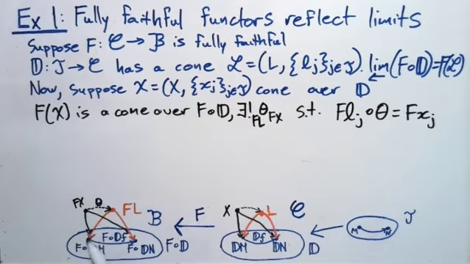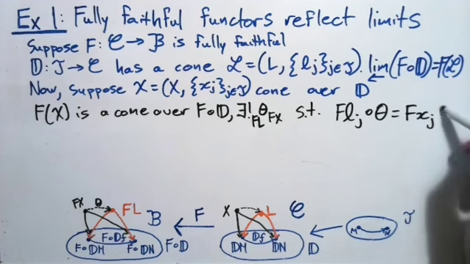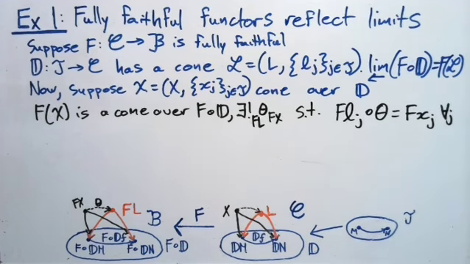It commutes, all of the legs of this cone commute with all of the legs of this cone by theta. It's a cone morphism. And this is for all j in J, that is for every leg. Each leg of this cone X commutes with each leg of this cone L.